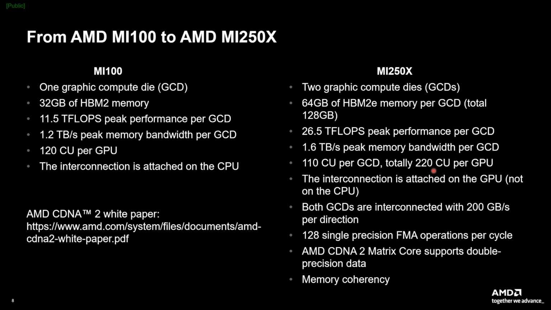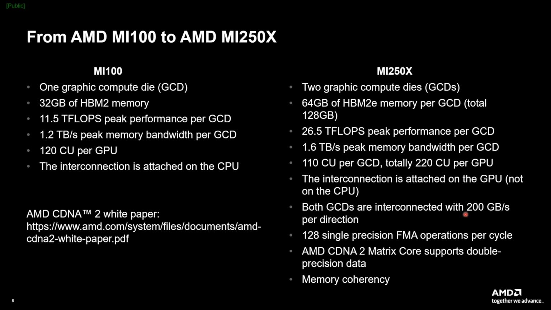That's why we were saying before that in OpenMP, you have to tune and have a multiple of 110. If you use MI100, maybe you have to have a multiple of 120 for number of teams and all of this information. And before, the connection was attached to the CPU, while now it's attached to the GPU. So it's really a benefit for you to use MPI with buffers on the GPU, right? And both GCDs are interconnected, as I said, with 200 GB per second per direction.